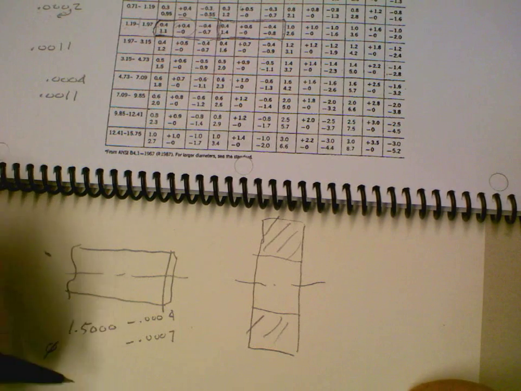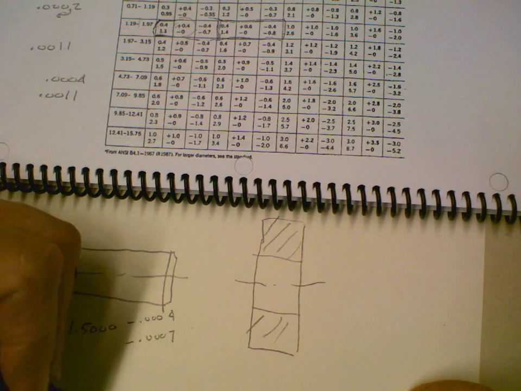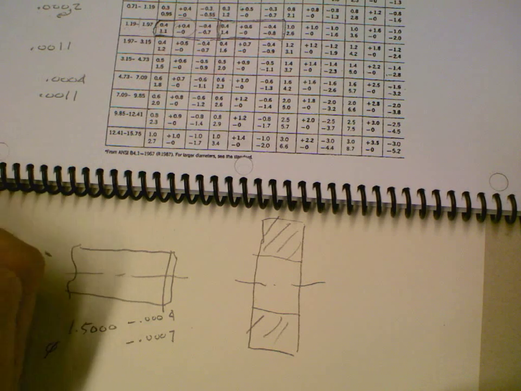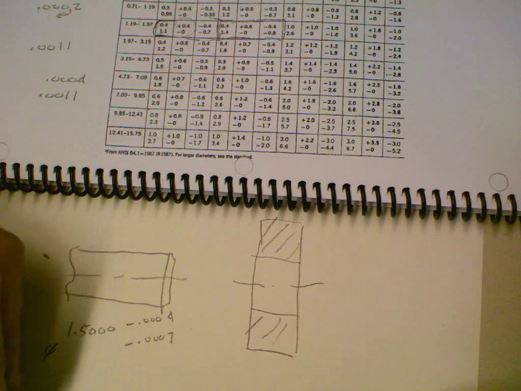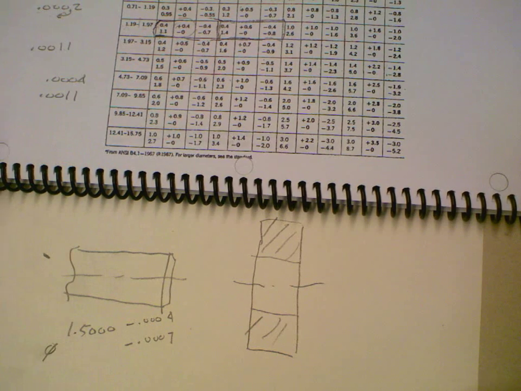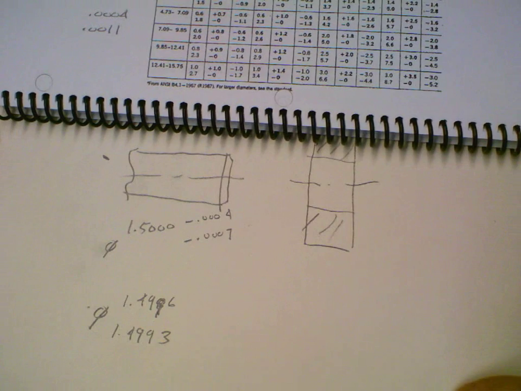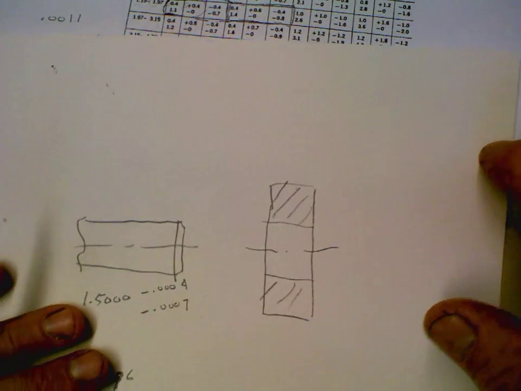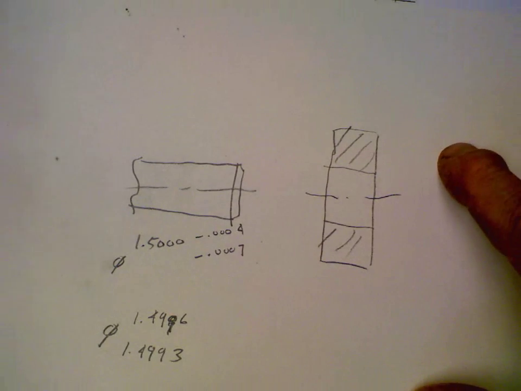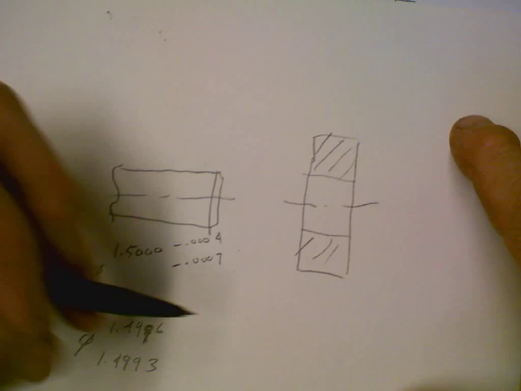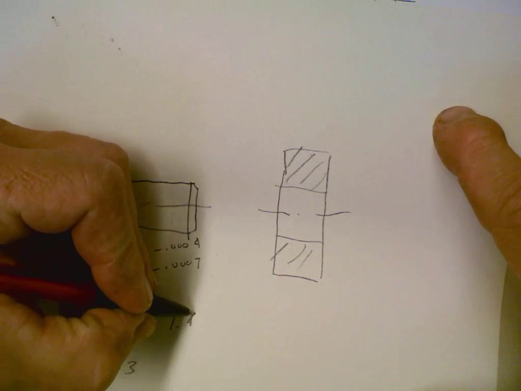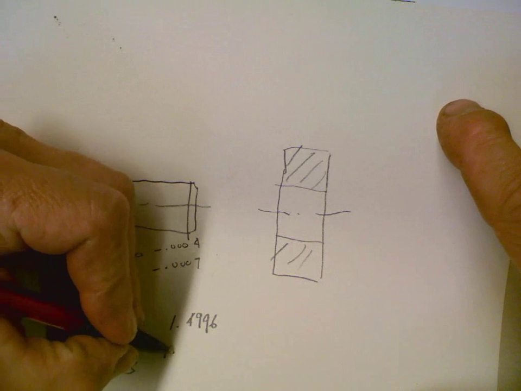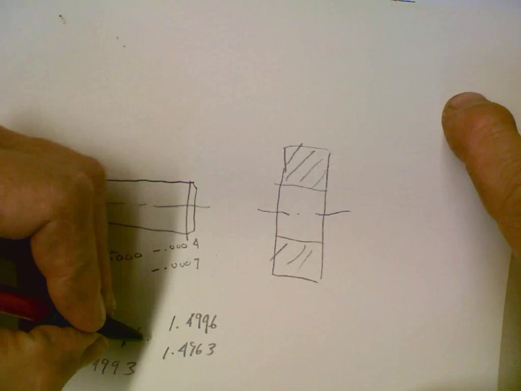So if I subtract 4, I get 1.4996, and I subtract 7, 1.4993. So there's the size of my shaft. 1.4996, 1.4993, diameter of that.